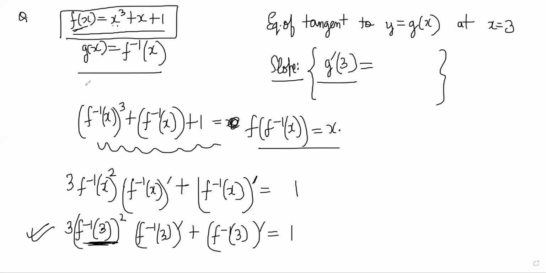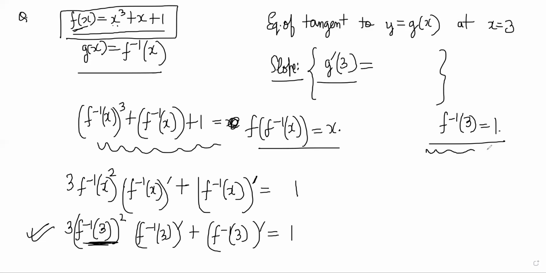So what is f inverse 3? F inverse 3 is 1. Why? If you put 3, then you get f inverse 3 into f inverse 3 whole square plus 1 is 2. And 2 can be factored only as 2 into 1. So f inverse 3 has to be 1.